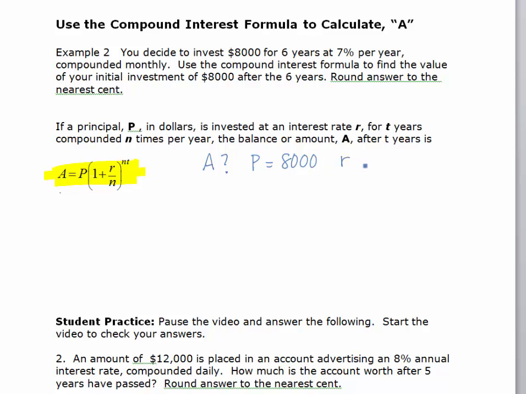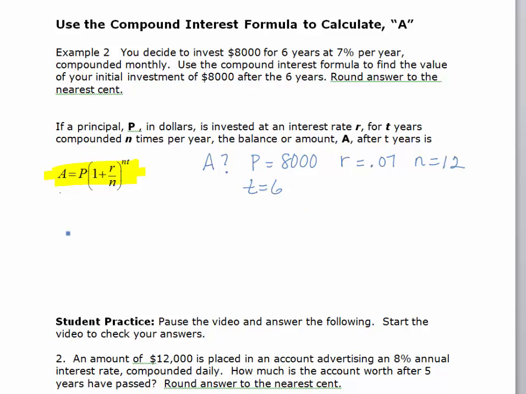R is our interest rate, but again, always as a decimal, so 0.07. Compounded monthly, which means n is equal to 12. And we also need t. We've invested for 6 years, so t is 6.